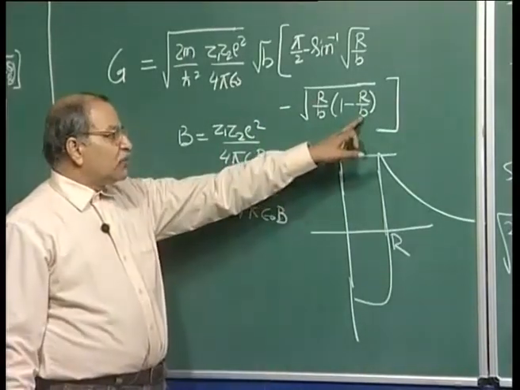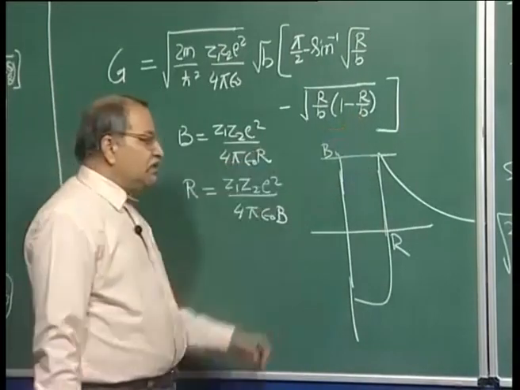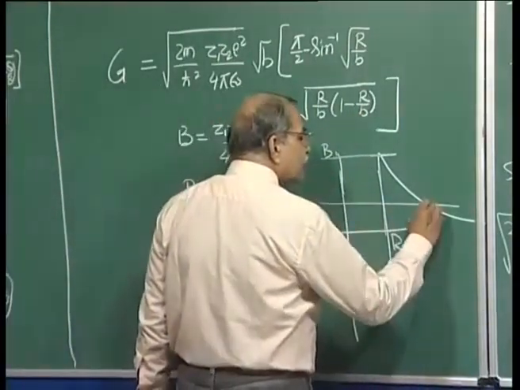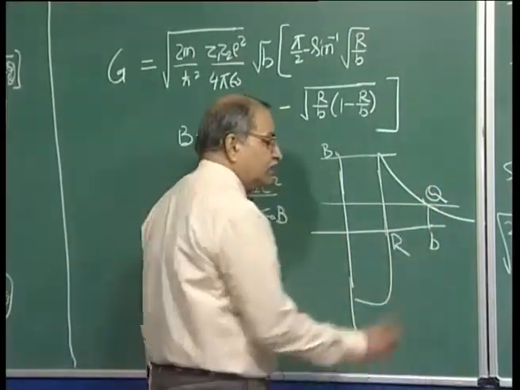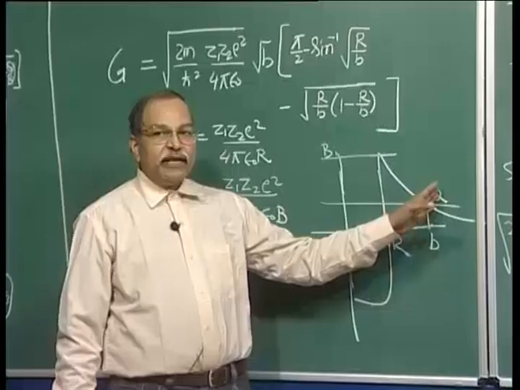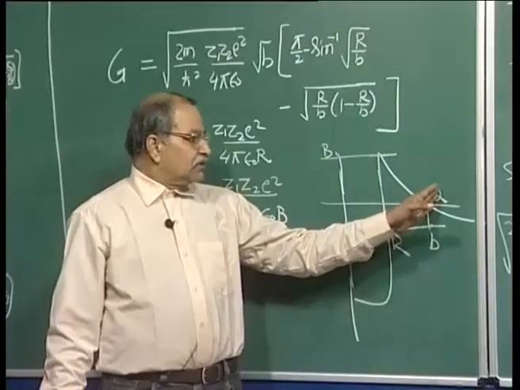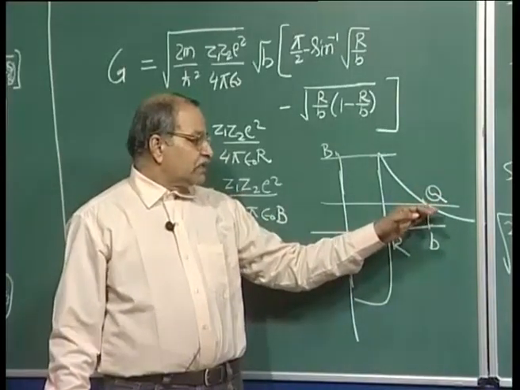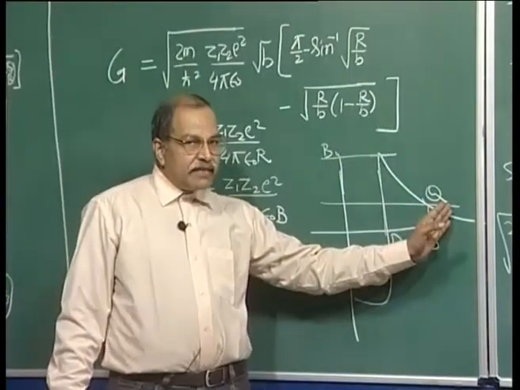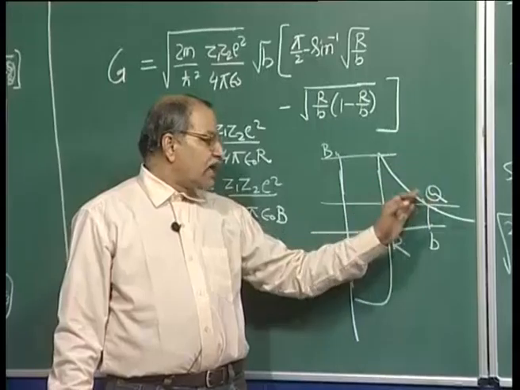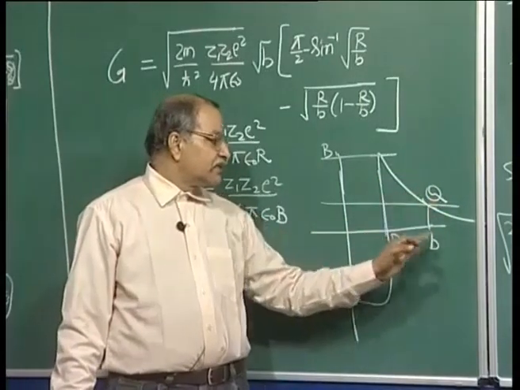Similarly, what is small b? Small b is the point where Q is equal to the Coulomb potential. Q is the Q value, the energy available. So, at this point b, where the alpha particle comes out of the barrier, Q is the same as the Coulomb potential energy at b.